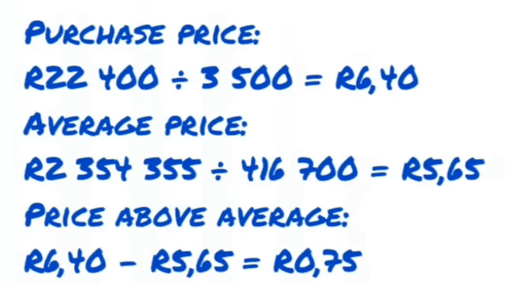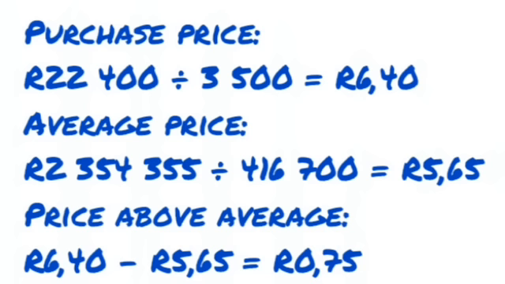So first we figure out at what price did we purchase each share for. So we take the 22,400 that we received, we divide it by the 3.5 shares that we received, and it says we purchased each share at 6 rands 40 cents. Then we find the average price of our shares. How do we find that? We use that ordinary share capital of 2,354,000. We divide it by the total number of shares at the end of the year, which was 416,700, and it gives us the average price of 565.